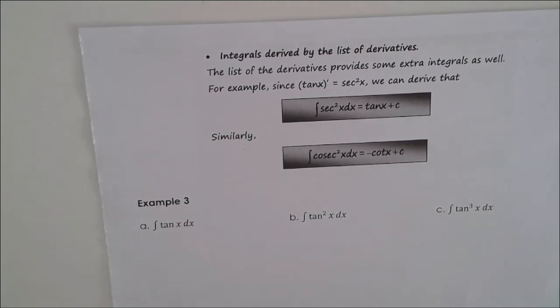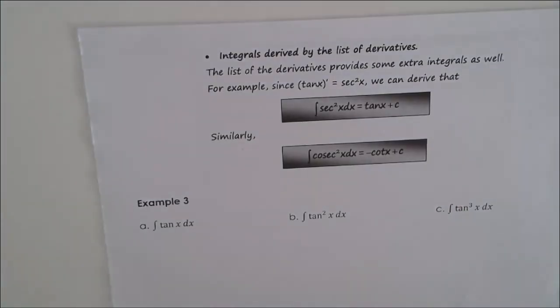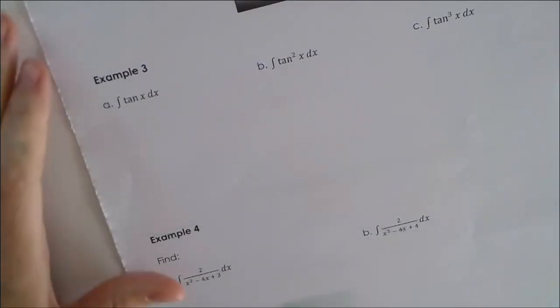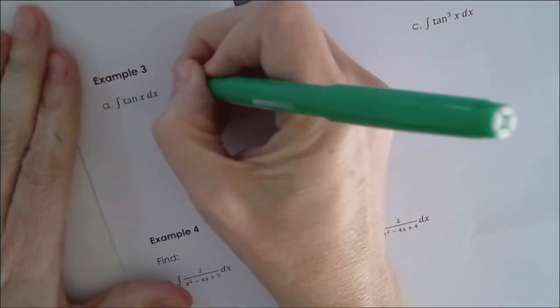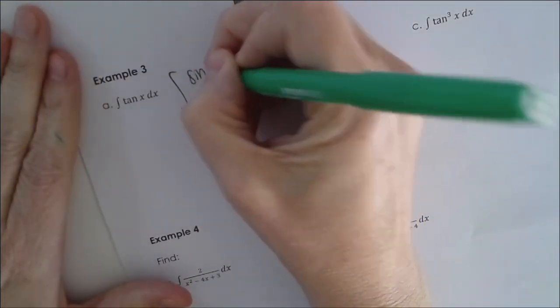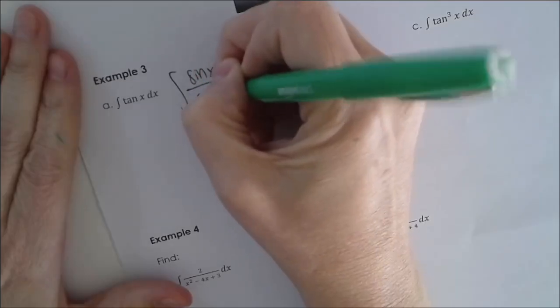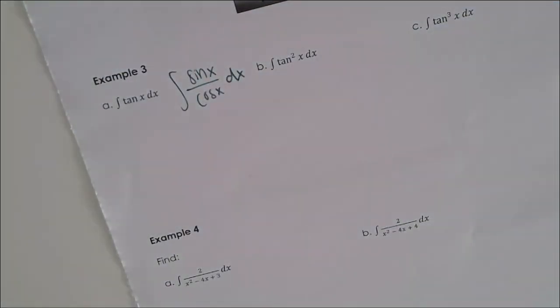So A doesn't really play nice with either of these right here. So I'm going to rewrite tangent in a familiar form. This is the same thing as sine of x over cosine of x. Now I'm going to use u substitution to do this one, and I'm going to pick my denominator as my u.